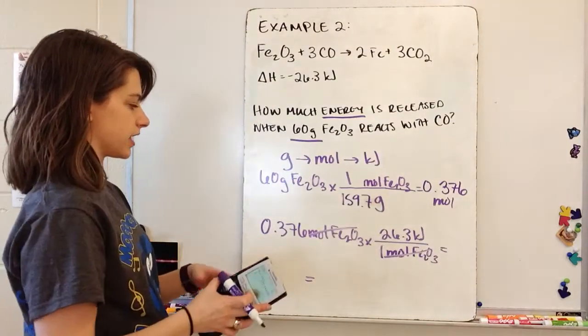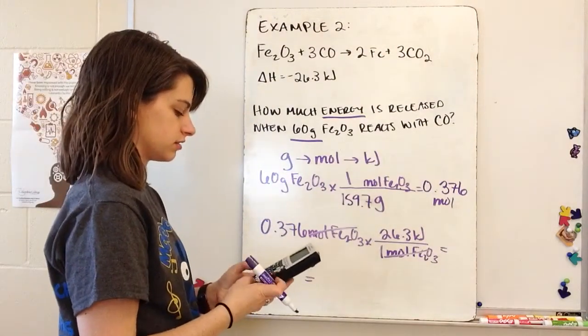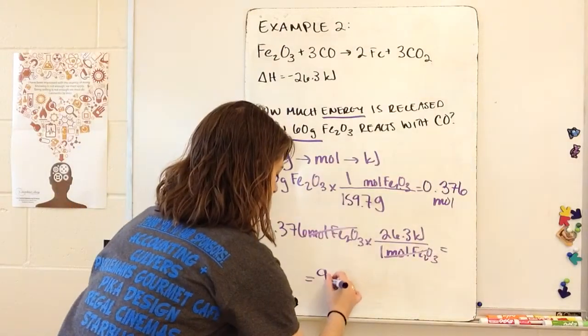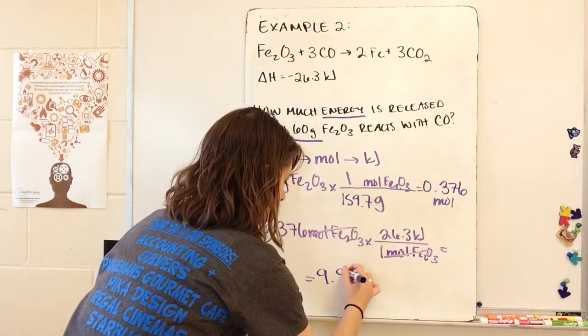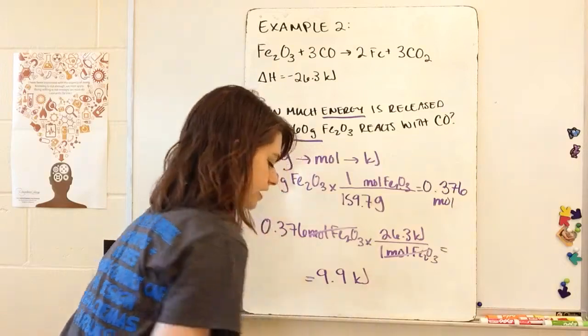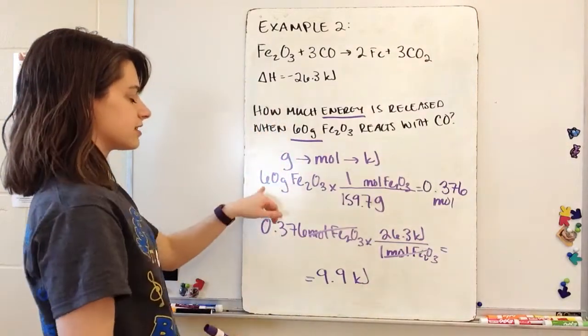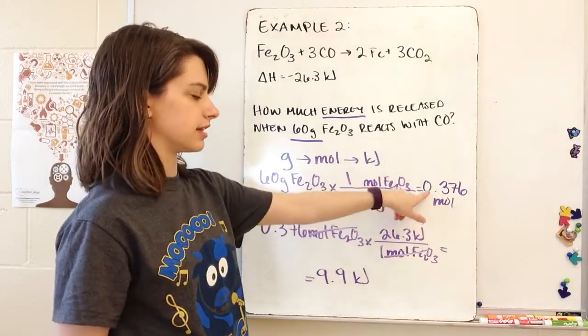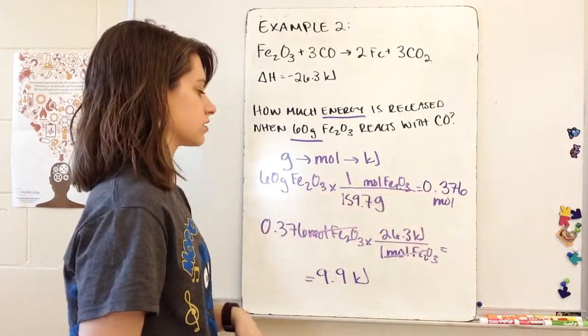And now I'm going to do 0.376 times 26.3, and I get 9.9 kilojoules of energy. So if I had 60 grams of this iron(III) oxide, that's the same thing as 0.376 moles.